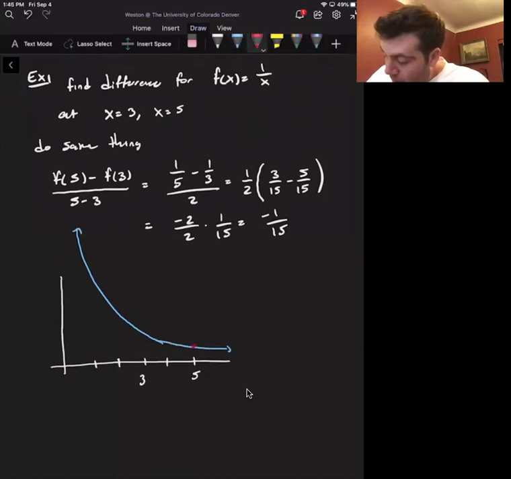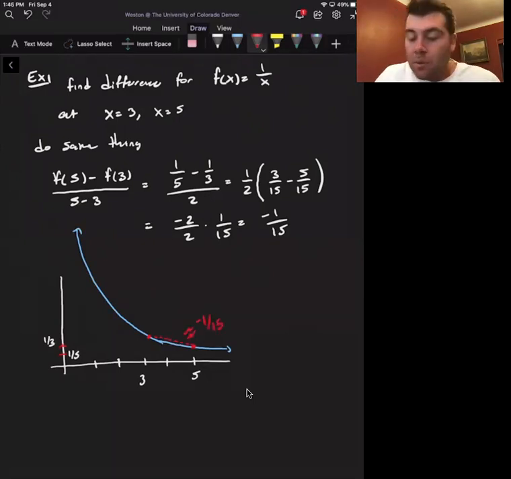Where we have that point, and that's 1/5, and that's 1/3. So what we just said is that the slope connecting those 2 points is approximately negative 1 over 15, which is good because we have a dotted red line with a negative slope, and our difference quotient said we would have a negative slope.